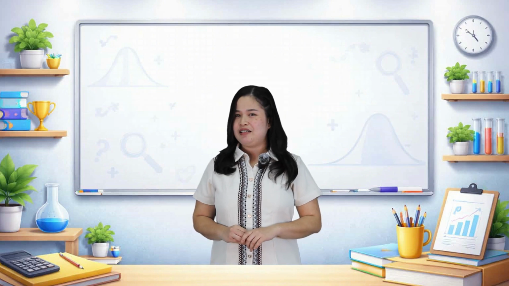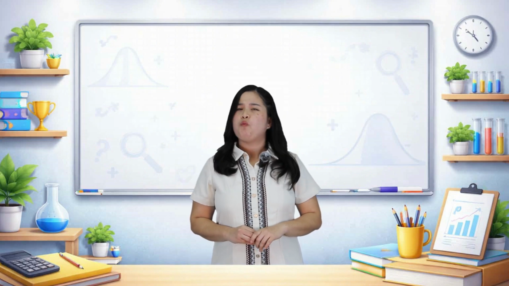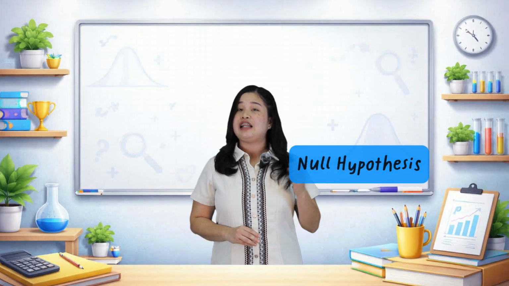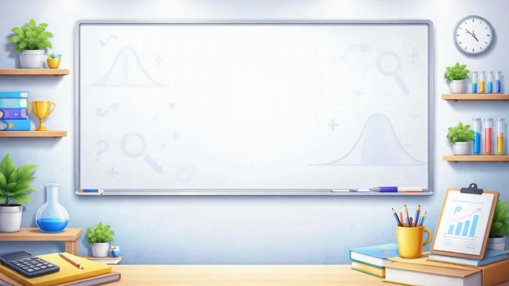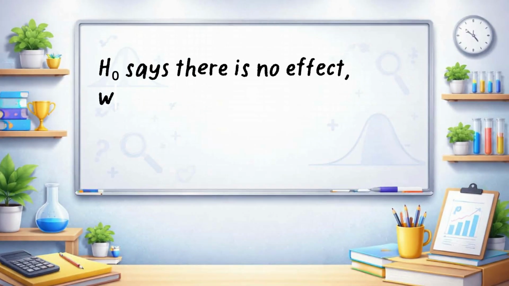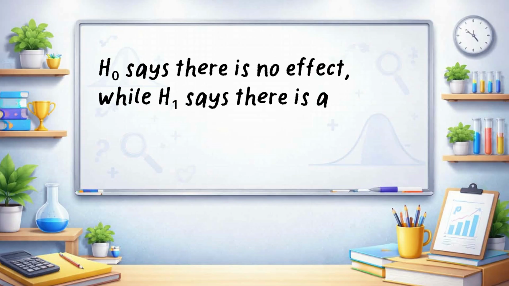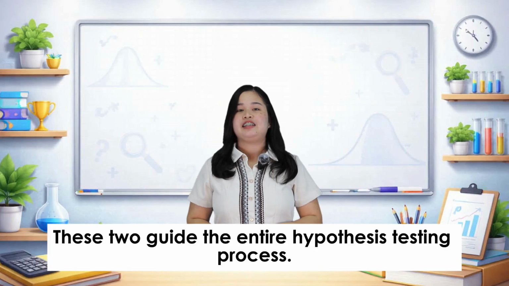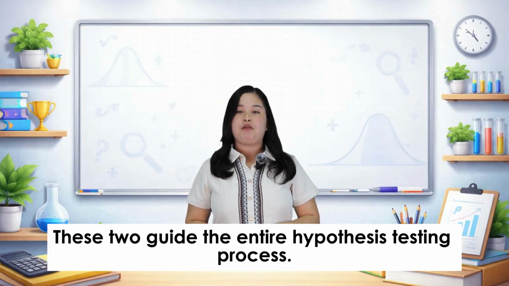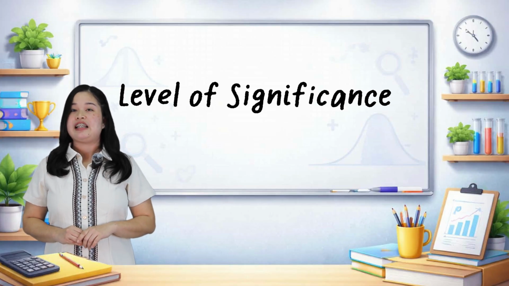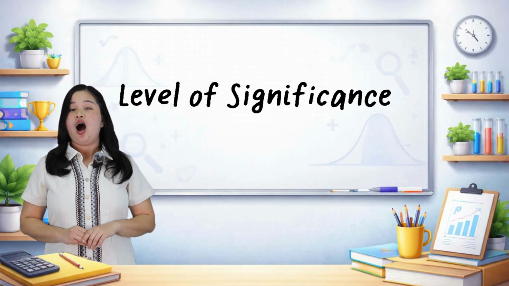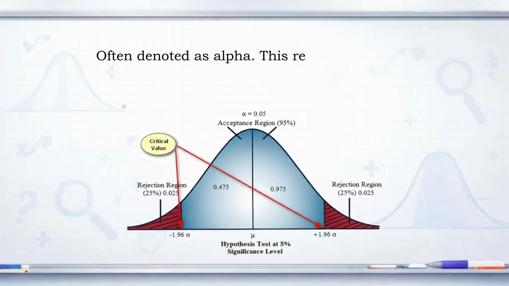Do you understand? Let me ask, what is the difference between null hypothesis and alternative hypothesis? Correct! The null hypothesis says there is no effect, while the alternative hypothesis says there is an effect. These two guide the entire hypothesis testing process. Next, let's talk about the level of significance, often denoted as alpha.